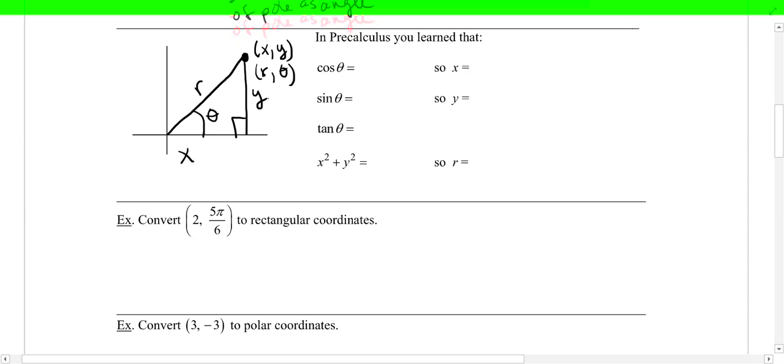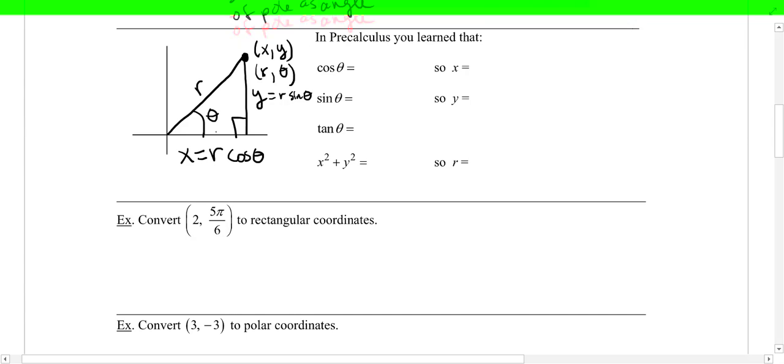And the relationships between them is what you learned in pre-cal. In pre-cal, you learned that x, because of SOHCAHTOA, is equal to the radius times cosine of the angle. And you learned that y is radius sine of theta.